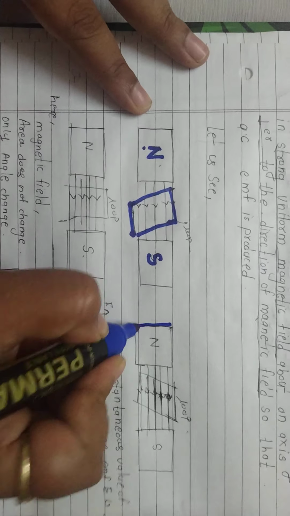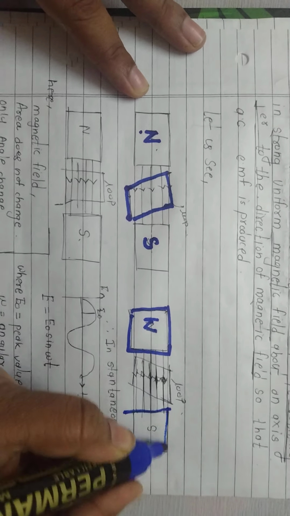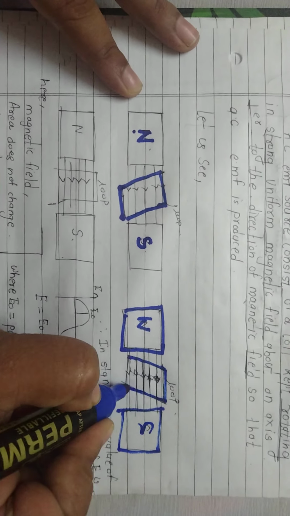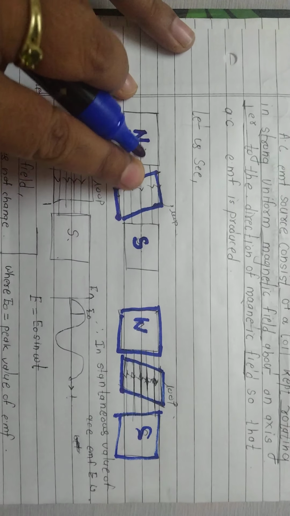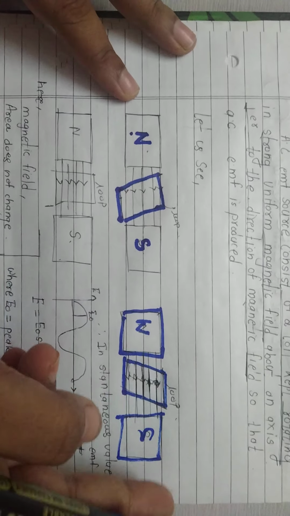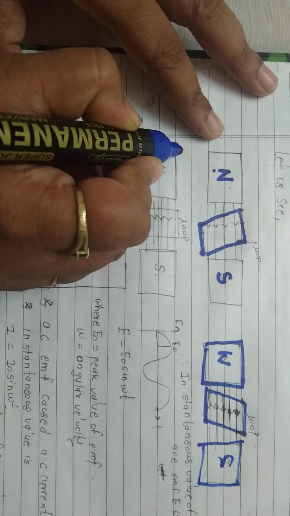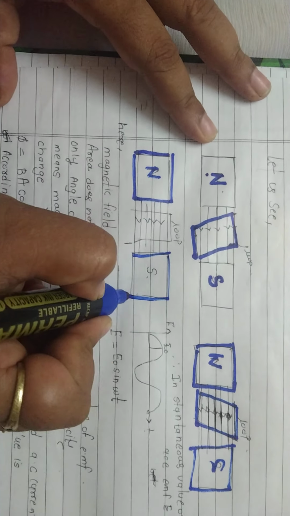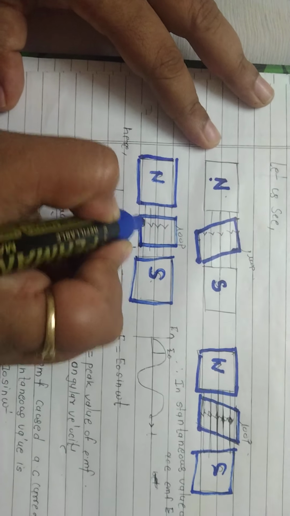In the second diagram, this is the north pole, this is the south pole, and this is the loop. In the first diagram, the loop is in this direction; in the second diagram, the loop is in this direction. In the third diagram, this is the north pole, this is the south pole, and the loop is in this direction.